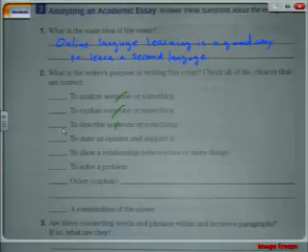So what do you think? Honestly, do you think that the writer was analyzing something and that was online learning? Do you think he was analyzing it? I personally don't think so. You might, if you like, think so, but I personally don't feel that he was giving an analysis about online learning.